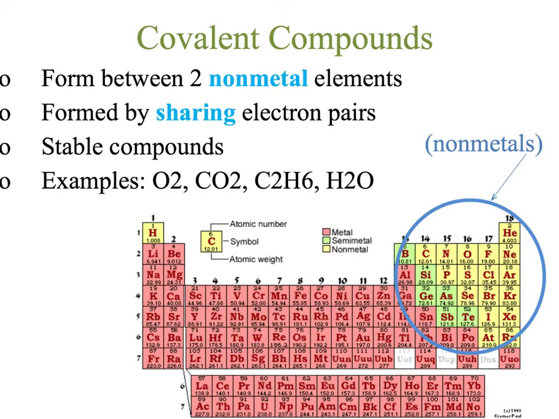Covalent bonds are formed when two nonmetals bond together, a nonmetal and another nonmetal. It is pretty important that you remember where our division between the metals and the nonmetals are.